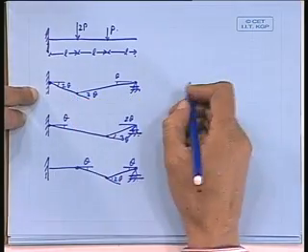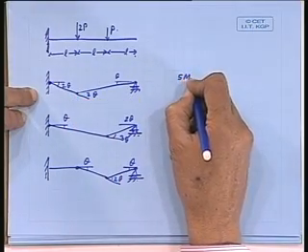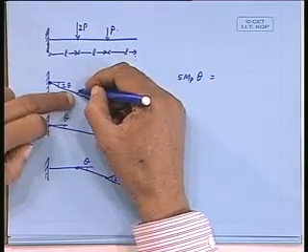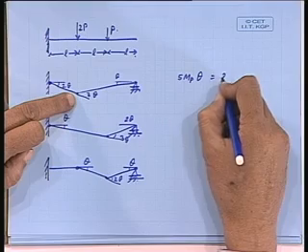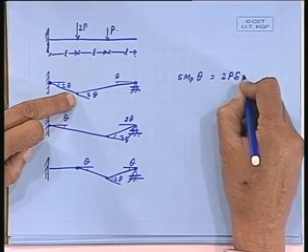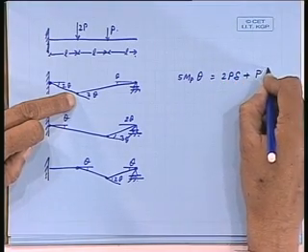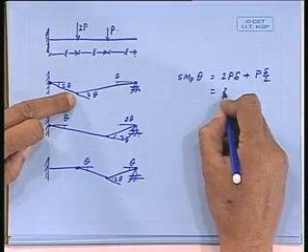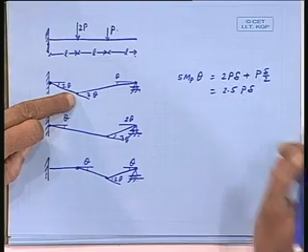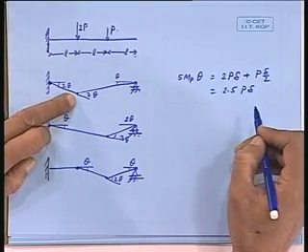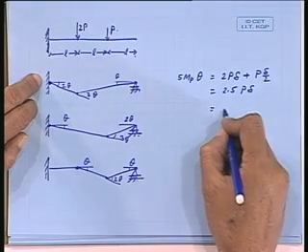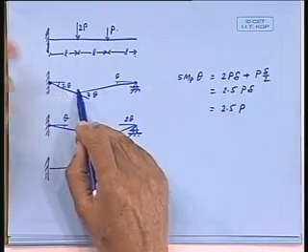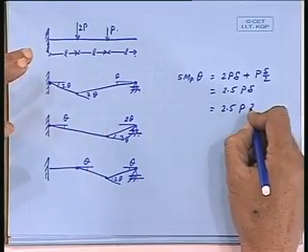So 3 plus 2, 5 MP theta is equal to 2P delta plus P into delta by 2, which is equal to 2.5 P delta, and delta is equal to 2L theta.